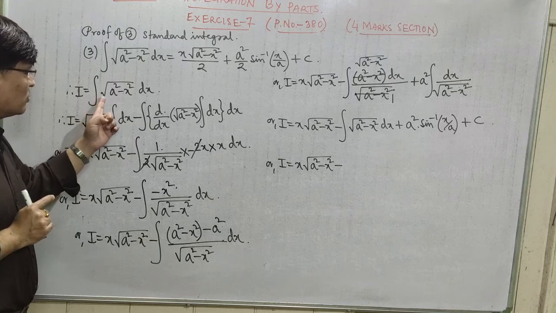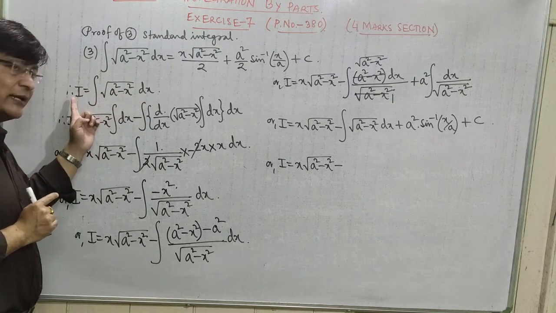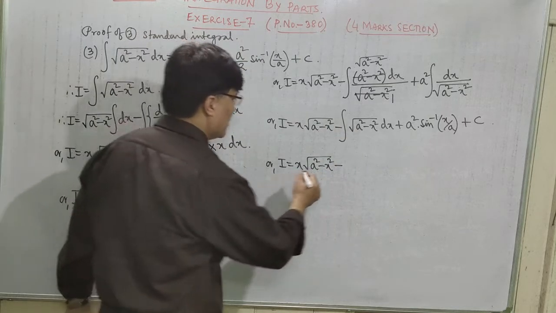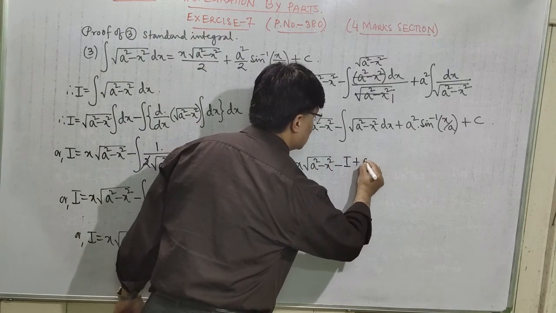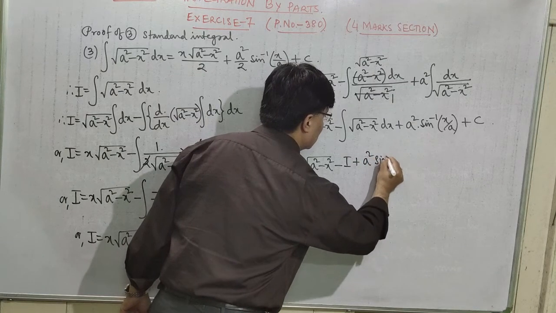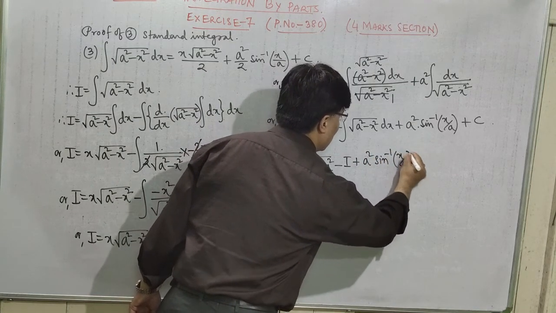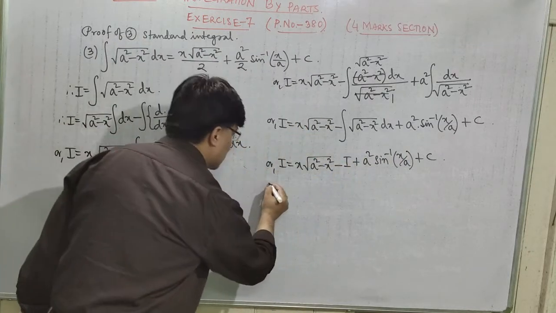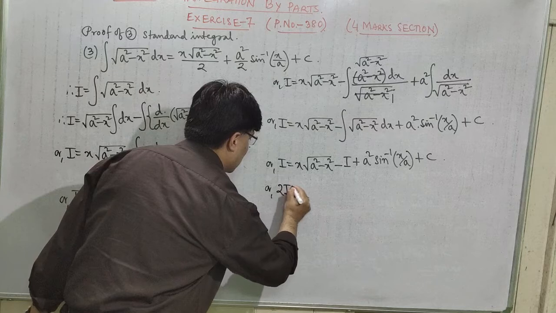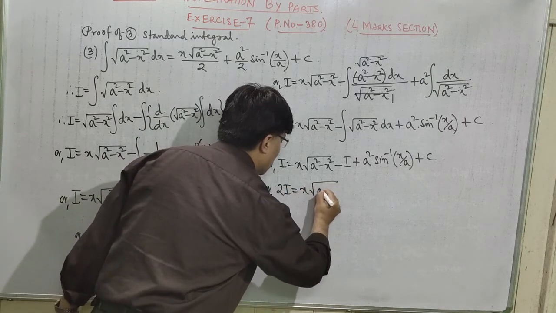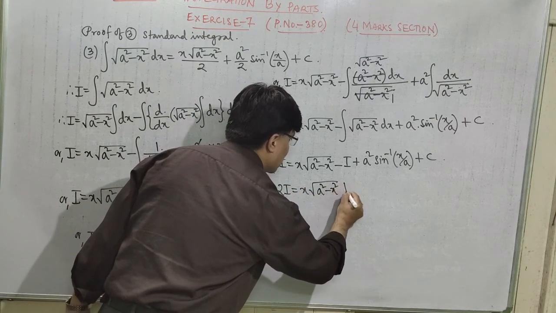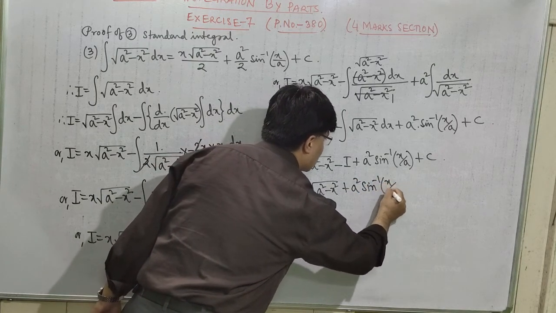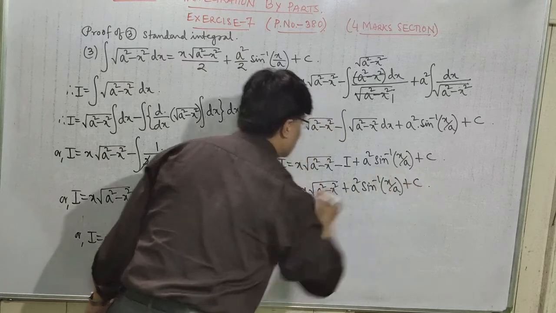So instead of this integration you can write down I. So it is minus I plus a square sine inverse x upon a plus c. So minus I is taken to the left hand side. So I plus I is 2I is equal to x root over a square minus x square plus a square sine inverse x upon a plus c.